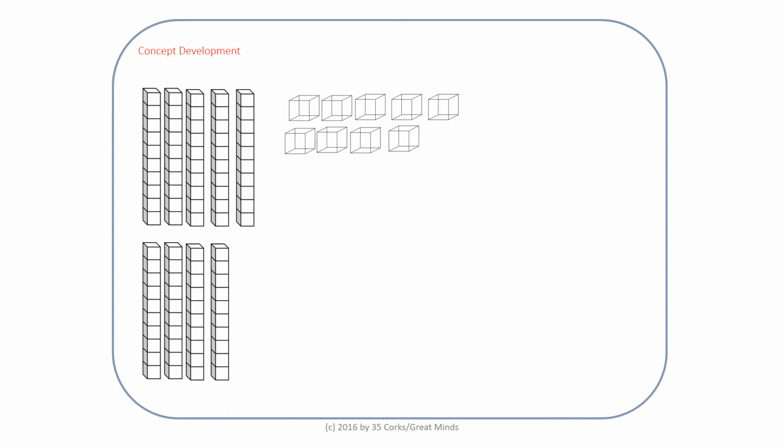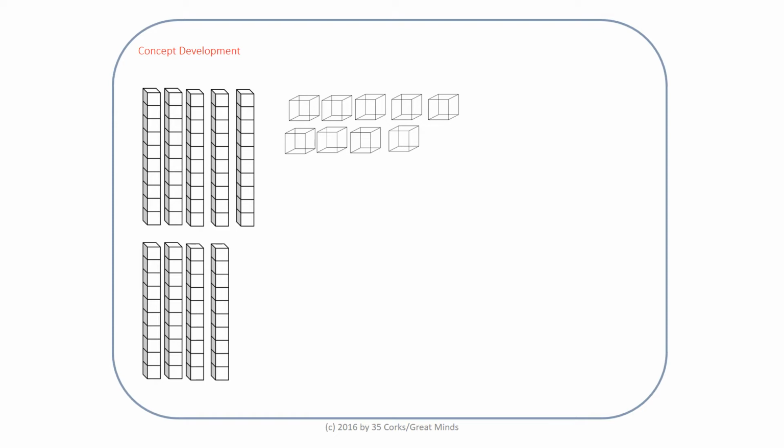Quickly count. So how many tens do you see? Well, we know there's a 5 group at the top, so that's 5. There's 4 at the bottom. 5 and 4 make 9, so we have 9 tens. And how many ones? 9 ones.